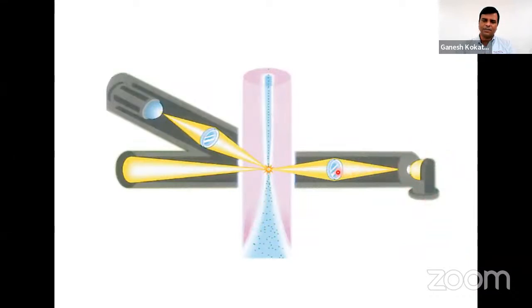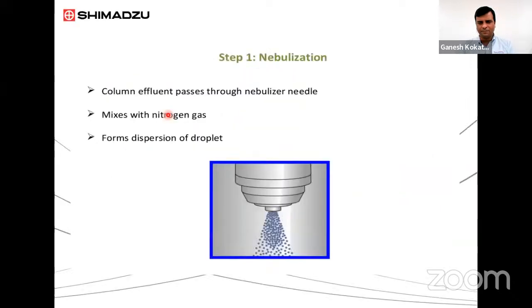That light beam passes through the particle and the light gets diffracted, so it gets scattered, and that scattered angle is counted on the counter, and we get the electric peak.